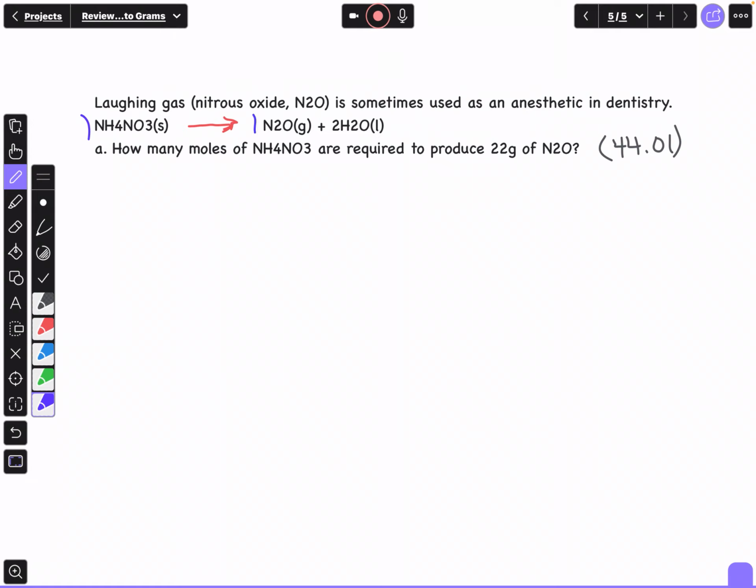Now what I'm looking for is how many moles of NH4NO3 are required to produce 22 grams of N2O. This is my starting substance, or what I'm given in the problem. Notice I'm given grams. So if I rewrite my balanced equation, I have 1 mole of this.